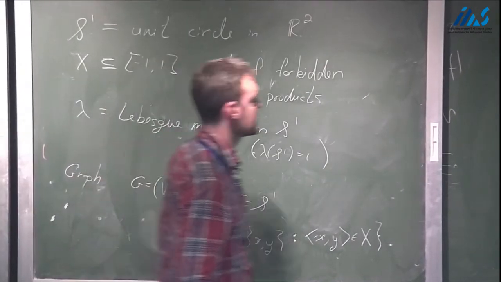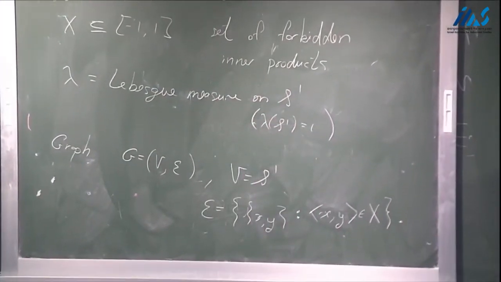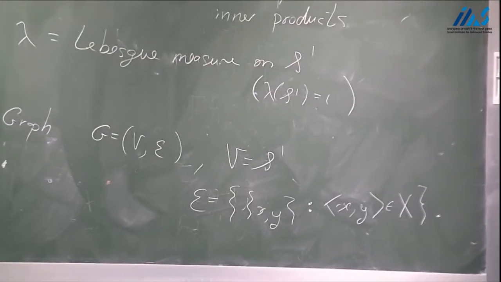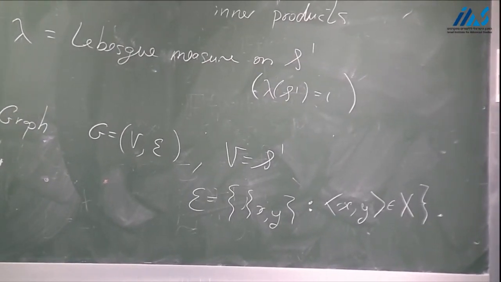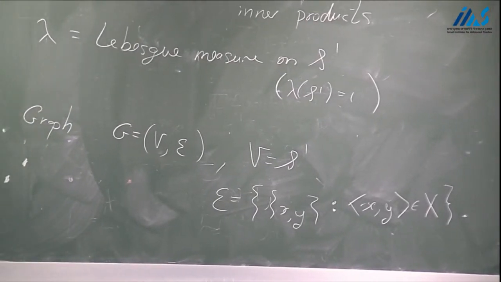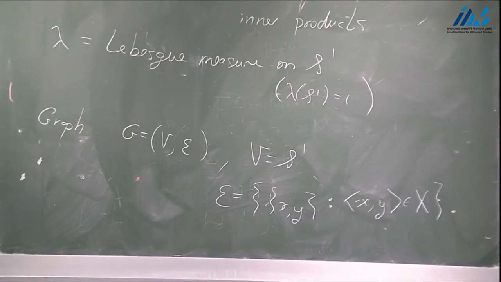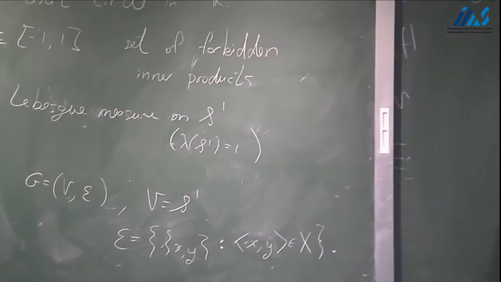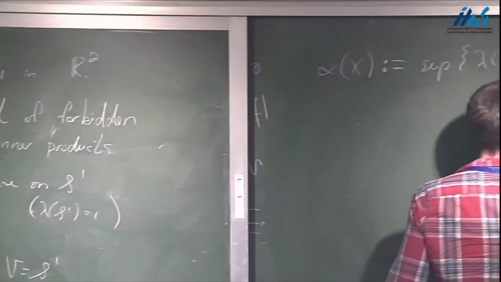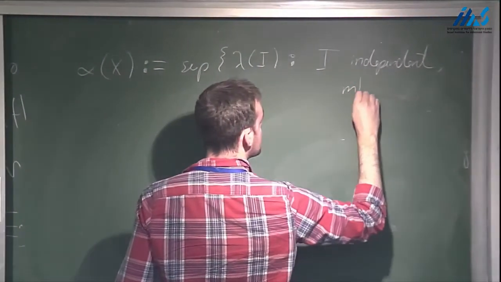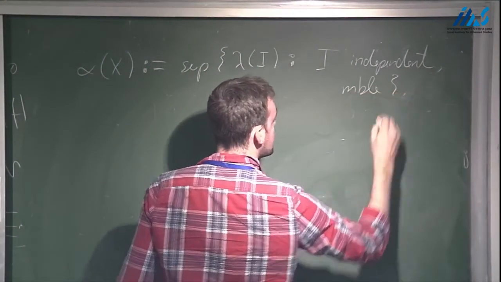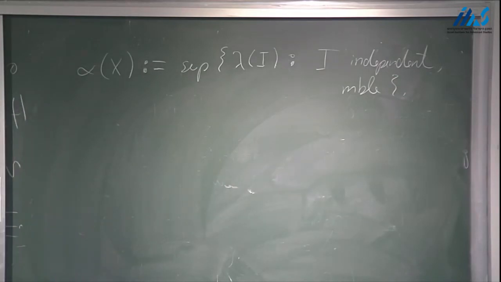Okay, and that makes this definition easier. So this alpha of X will be the supremum of measures of independent sets. And of course, we require those sets to be measurable.